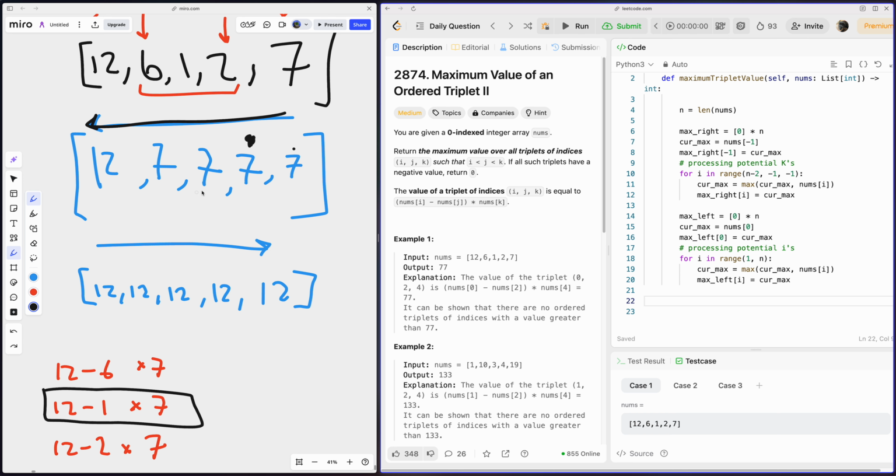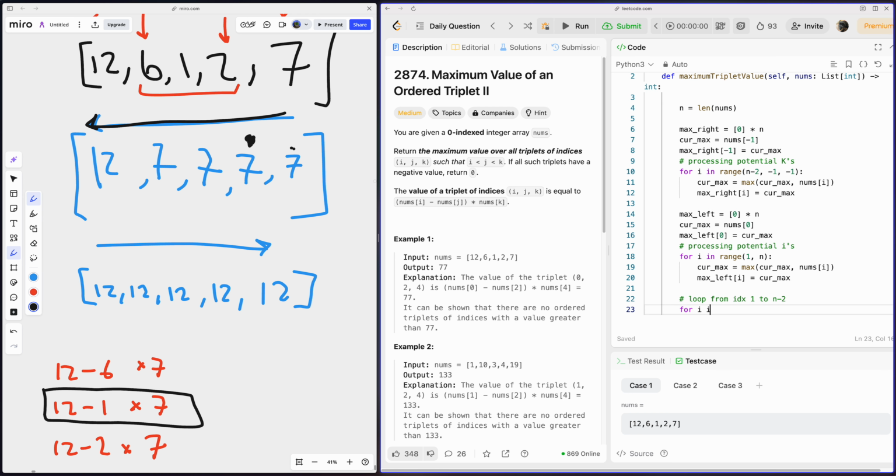Okay, so now that we processed both of those, we need to start a loop from index 1 to n minus 2, right? Because this is n minus 1 and this is n minus 2. So we could do for I in range 1 to n minus 1, which means n minus 2 is going to be the last thing.